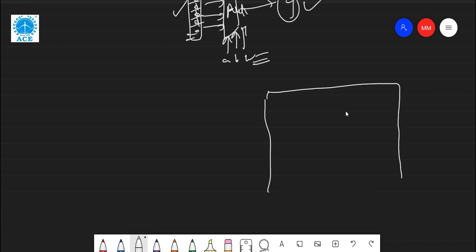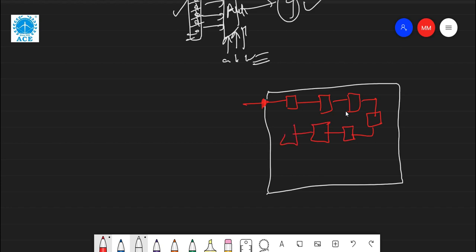For example, this is a single shift register, which consists of pins. These are configurable pins, and like this we have serial blocks stored in the shift register, and the functionality will be shifted like this.